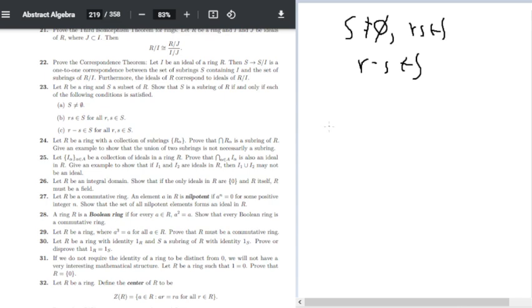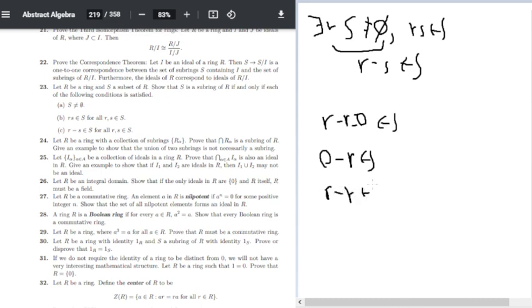So basically, we have R. First of all, we have that since this is not equal to the empty set, there exists an R. So R minus R equals 0 is in S. And as well, this gets us that 0 minus R is in S. So if R is in S, R minus R is in S. And similarly, R minus S equals R plus S is in R. And this is also the abelian group, so plus is a subgroup.